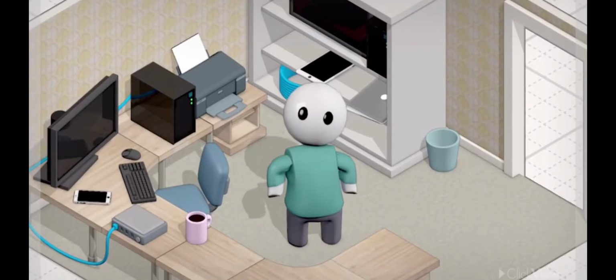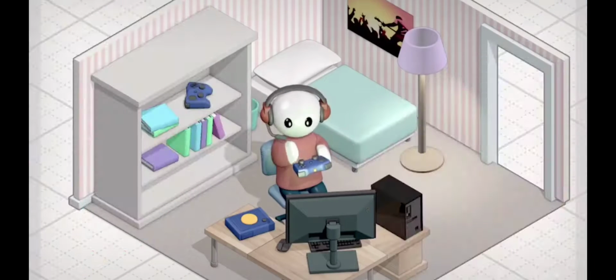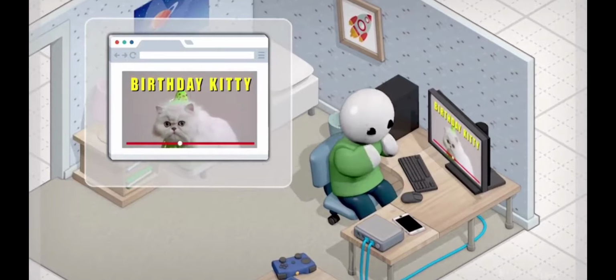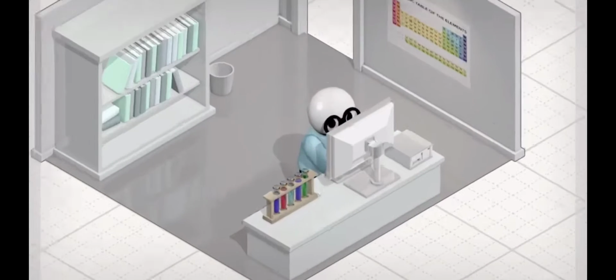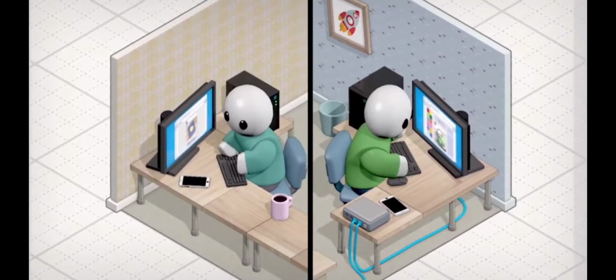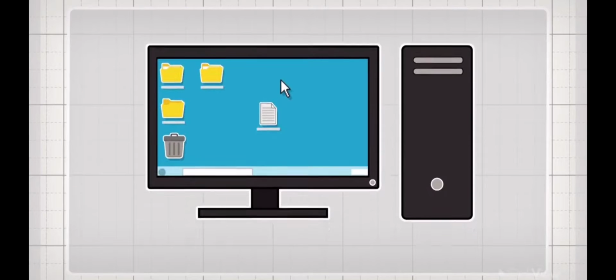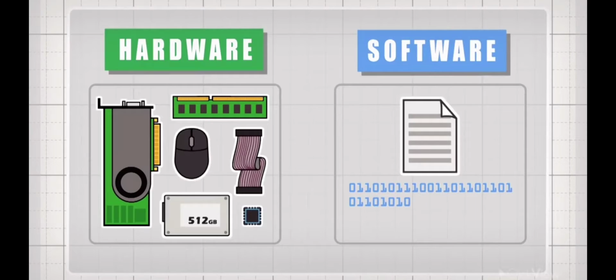Computers are used for so many different tasks. Playing games, watching videos, running calculations, communicating and collaborating. Computers today are a mixture of different types of hardware and software.